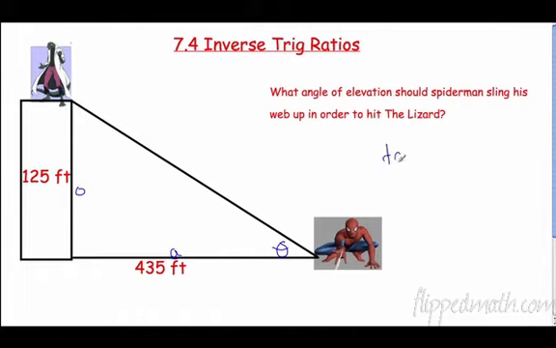That's tangent. So the tangent of theta, or x, or whatever, equals 125 over 435. Now, we have theta here, and that's what we want to solve. So we have to undo it, and that's what we're going to talk about today.